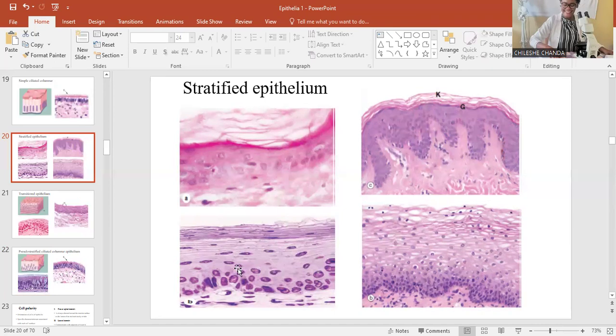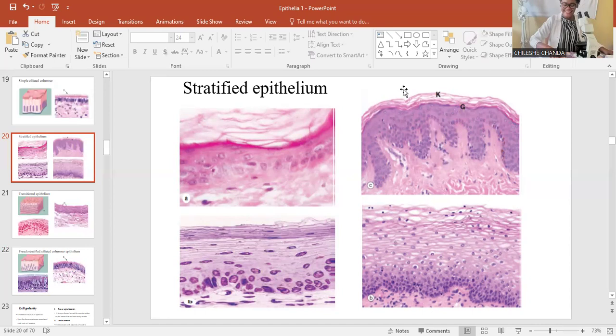So you'll find that at the bottom there'll be different shapes of cells, and at the top there'll be different shapes. But the stratified squamous epithelium is named according to the type of cell that is on top. So if on top you have squamous epithelium, then even if at the bottom there is cuboidal or whatever, you are still going to call it stratified squamous epithelium.